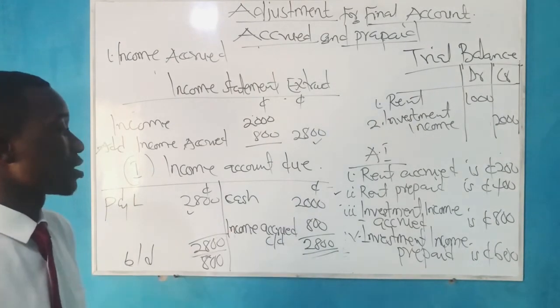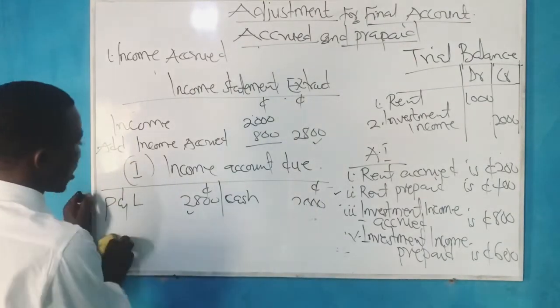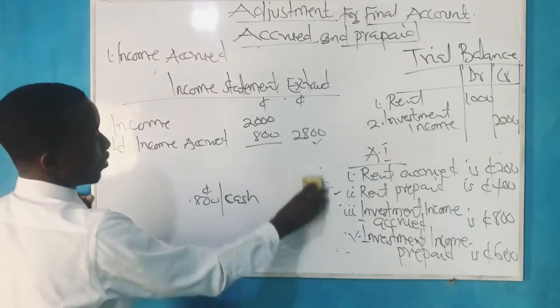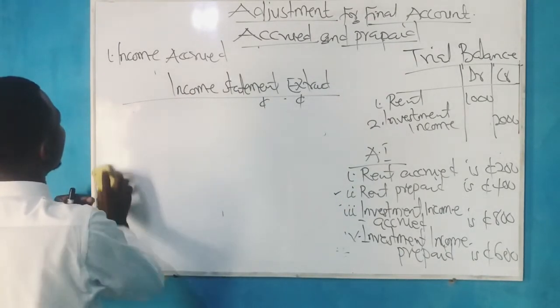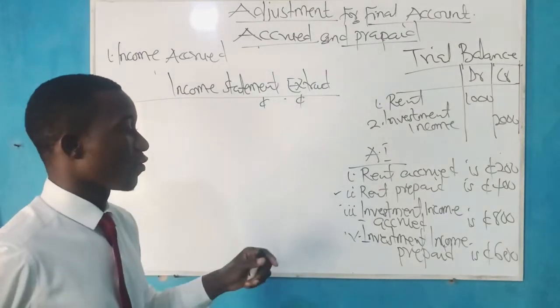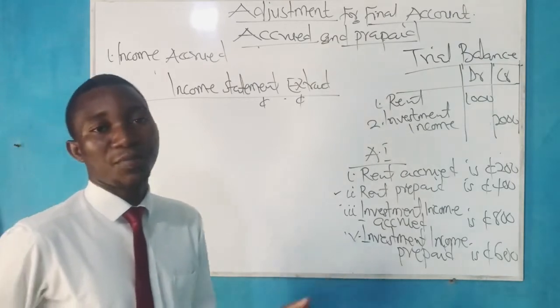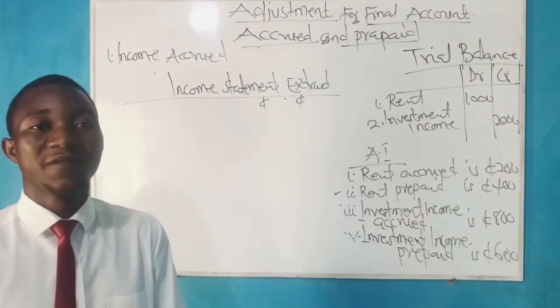So now let's look at how investment income prepaid is treated in the final accounts of a sole trader. When we talk of an investment income prepaid, it is where an income has been received in excess.